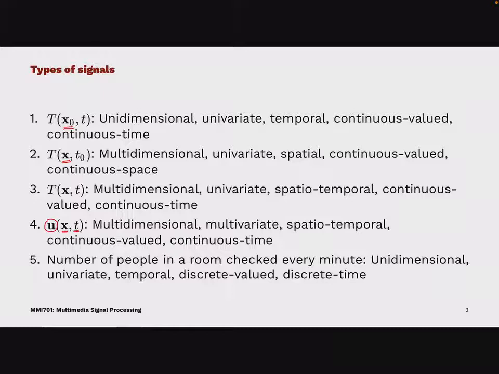It is a unidimensional signal because you're measuring the signal at a single room. It is univariate because it's the number of people in a room. It is discrete valued because you cannot have half a person. And it's discrete time because you don't have any idea whether between the two measurements that you take with that room, the number has changed.